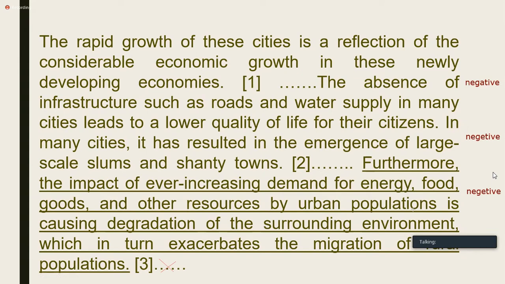Because this sentence gives a negative effect of urbanization, the previous sentence should give a positive effect of urbanization. Therefore, you cannot insert it here, because this sentence also gives a negative effect.